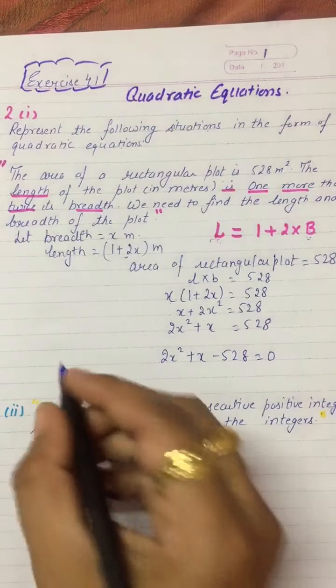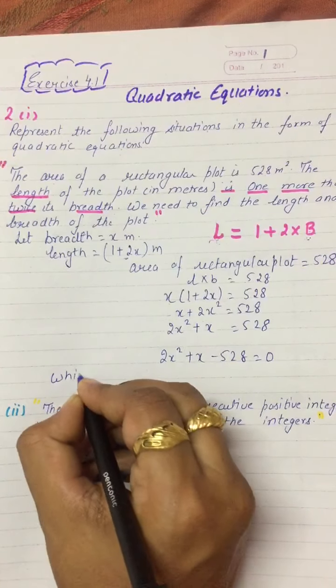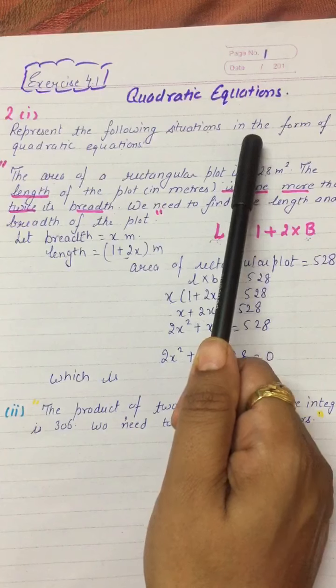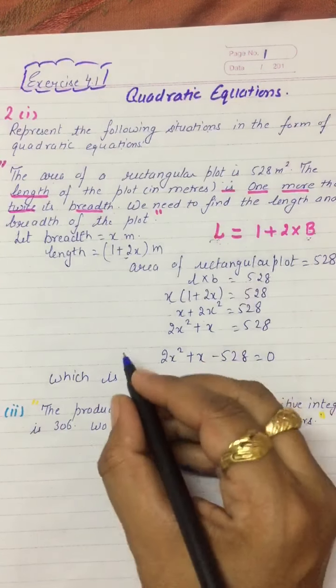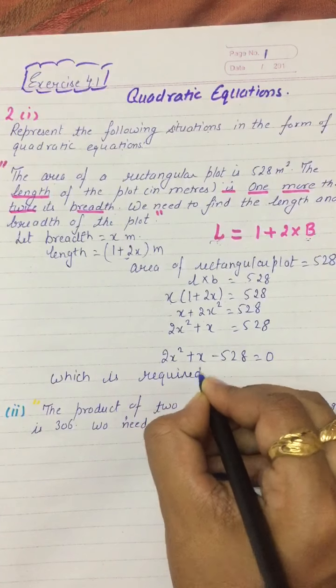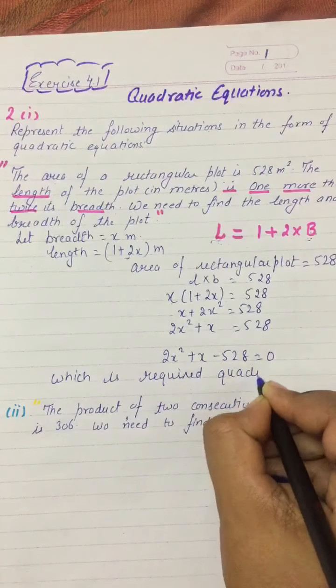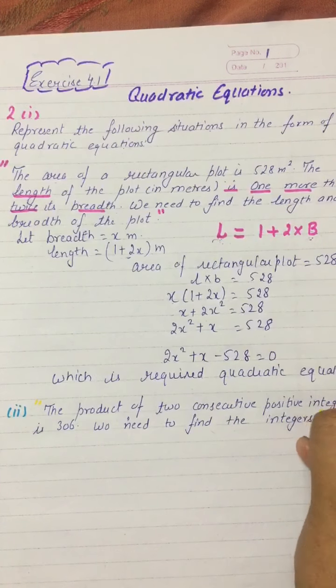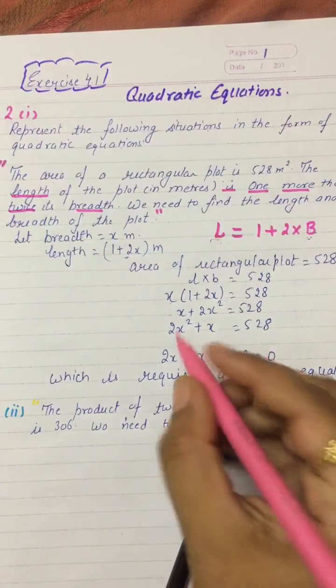So this is the required quadratic equation. Because what was the question? Represent the following situations in the form of a quadratic equation, which is the required quadratic equation. So that was the solution of my first part.